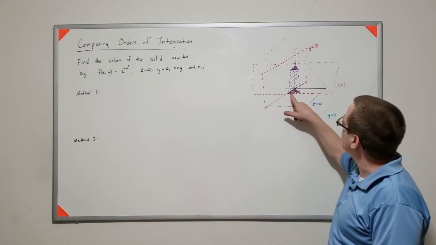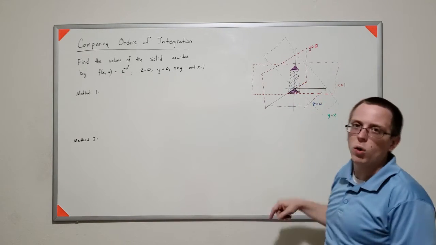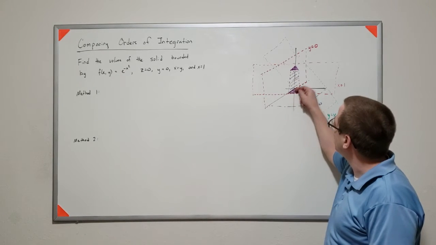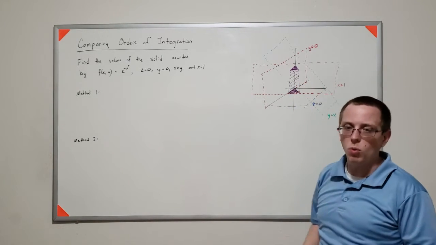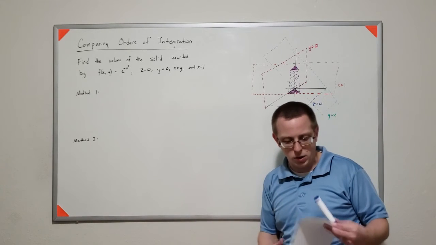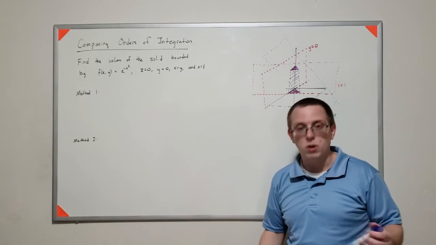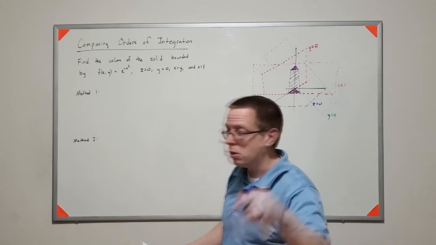Actually, no, that can't be right. It goes from y to 1, right? It has to go from y, whatever y is, all the way to 1. So my notes have to be wrong, but that's okay. No, my notes aren't wrong. I just didn't read them correctly.